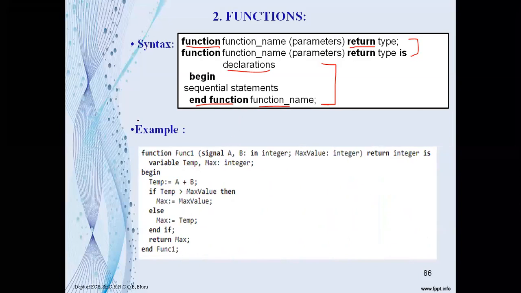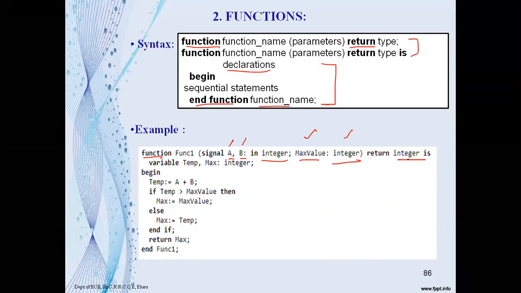This is a function, and here you have declared two signals in the declarative part. A and B are signals of type integer, and another signal is max value, which is of type integer. So how many signals are there? Three. A is one signal, B is the second signal, max value is the third signal. And they return integer.